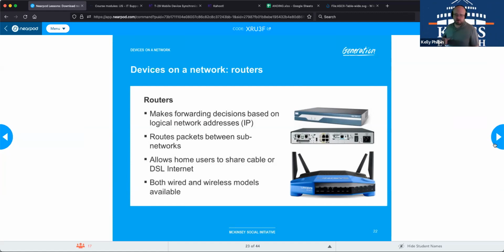Many home routers will share cable or DSL, and will allow wireless all on one piece. And that is, again, that all-in-one device. But this is how you would connect from your internal network to an external network, your intranet to your internet.